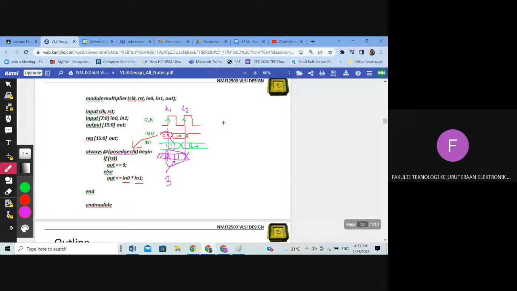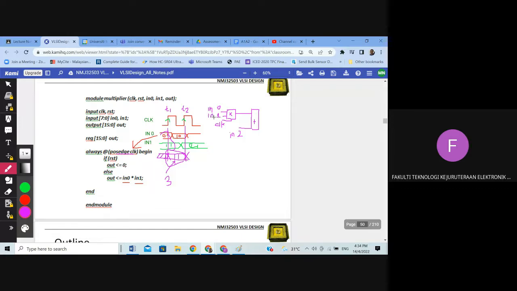Just imagine, for example, this is your multiplier, with input number 1, input number 2, and your clock. The output of the multiplier goes to an adder, for example. This is your adder, with in number 0, in number 1, your clock, and in number 2.